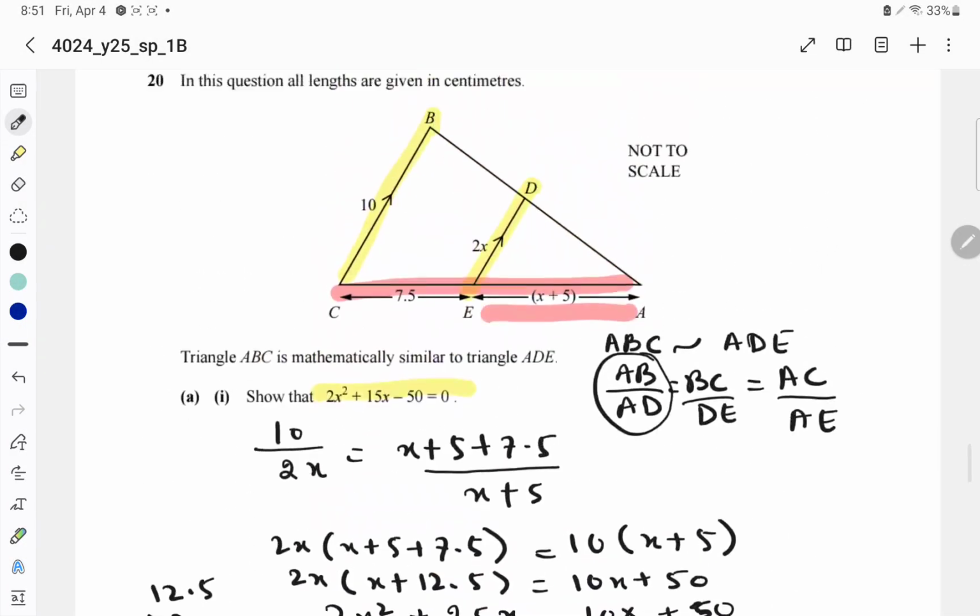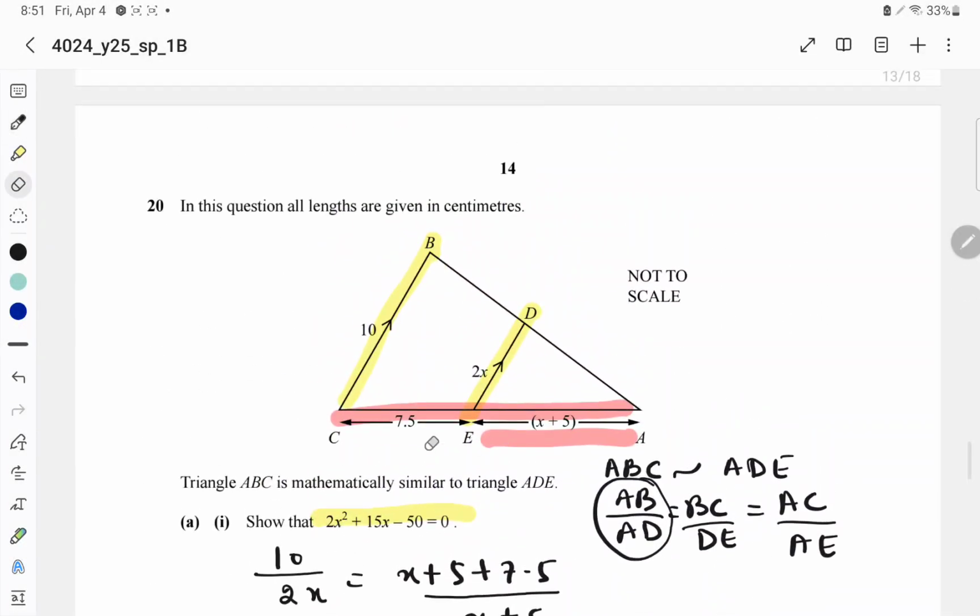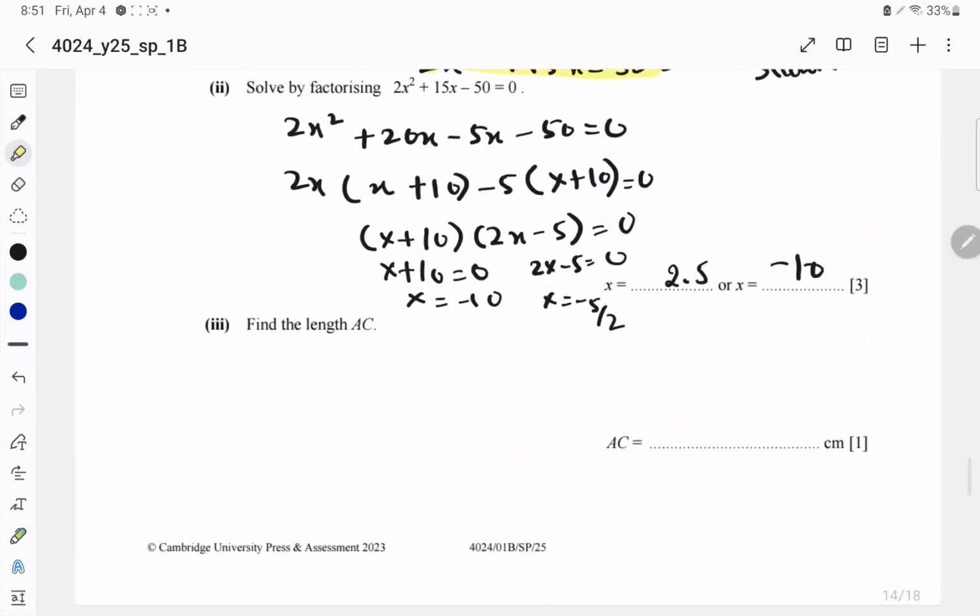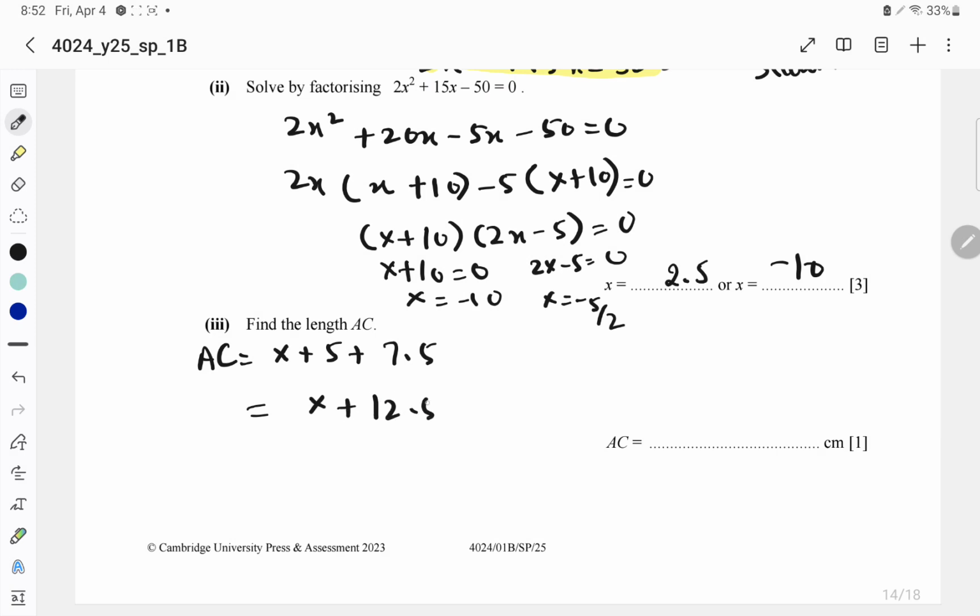Length of AC: go back to the question and check where AC is. The length of AC is required, the whole length from A to C, x plus 5 plus 7.5. That means x plus 12.5, and x is 2.5, because we take the positive number.